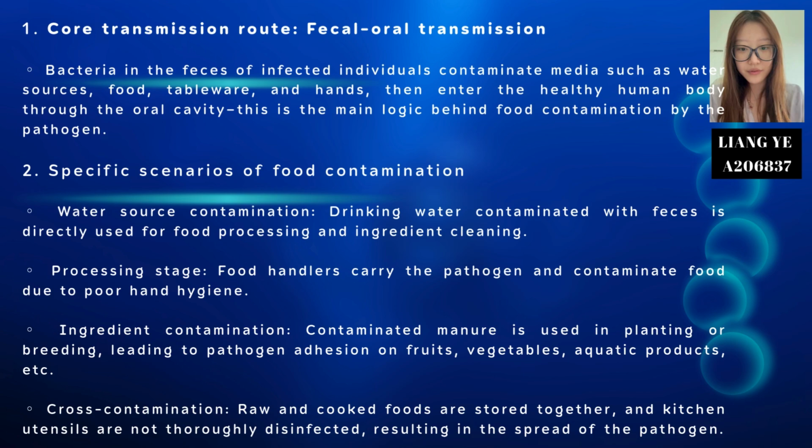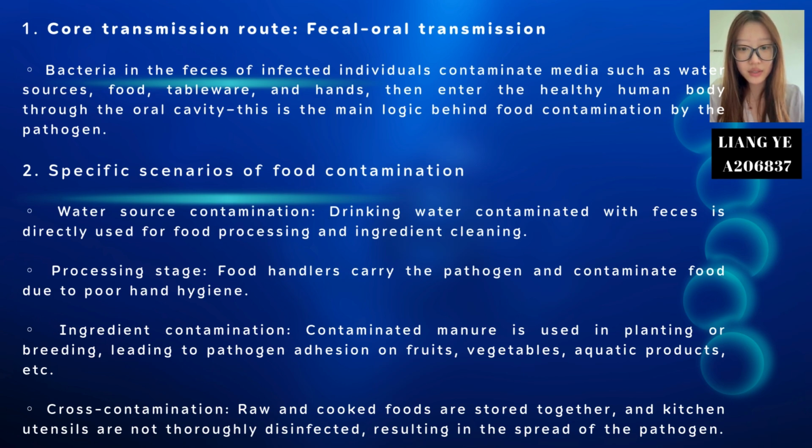2. Specific scenarios of food contamination. Water source contamination. Drinking water contaminated with feces is directly used for food processing and ingredient cleaning. Processing stage. Food handlers carry the pathogen and contaminate food due to poor hand hygiene. Ingredient contamination.